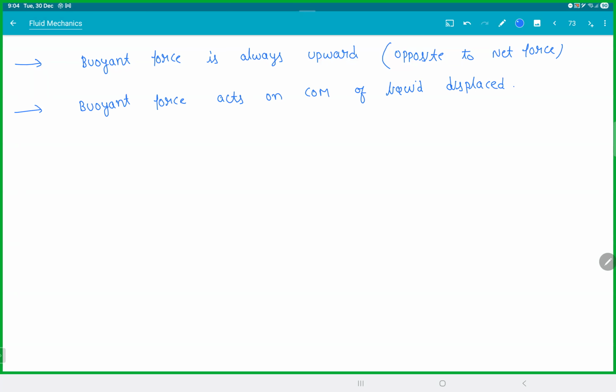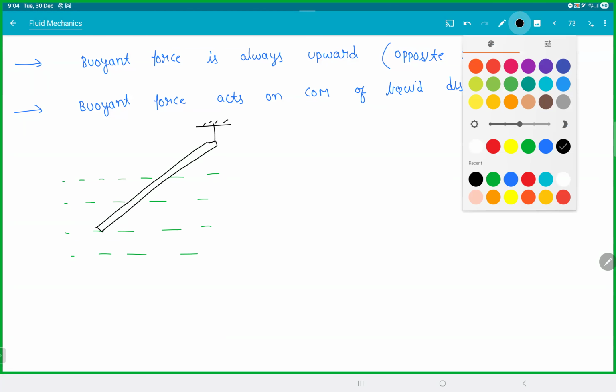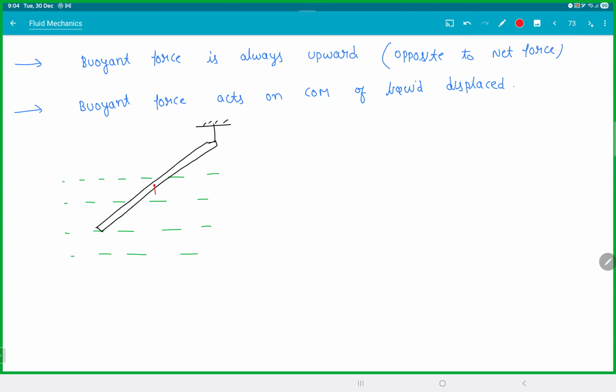Meaning, for example, let's say we got a liquid here like this. And inside this liquid, we have a rod immersed. If someone asks you to draw the FBD of this, we will put mg here. So this is the center of mass of the rod.